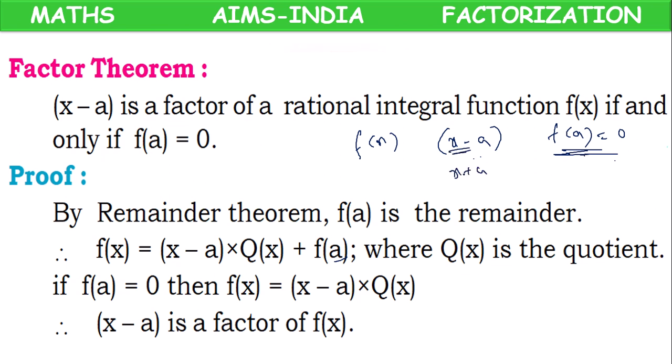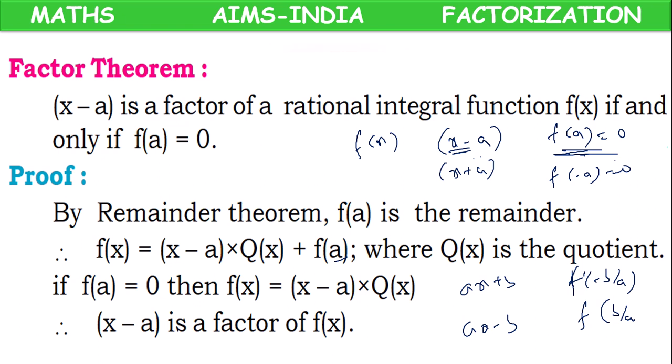Suppose if they give x plus a, f(-a) has to be 0. If they give ax plus b, f(-b/a) has to be 0. If they give ax minus b, f(b/a) has to be 0. This you have to remember. If you don't remember this, then there will be some problem with factor theorem.